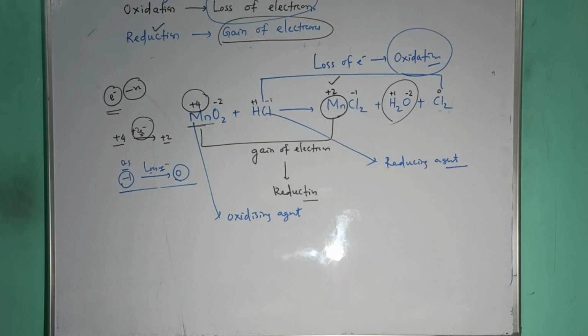If you are not able to solve, then you have to proceed with this method. If both oxidation and reduction take place, then that is a redox reaction. If oxidation and reduction do not take place, that is not a redox reaction. Clear? The next step is to identify in that redox reaction which one is the oxidizing agent and which one is the reducing agent.